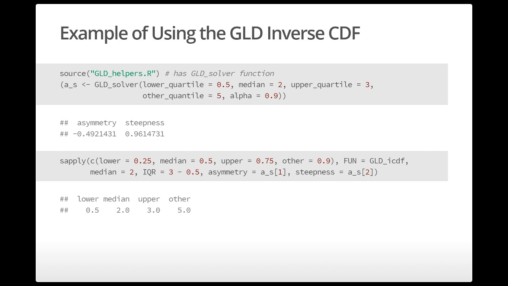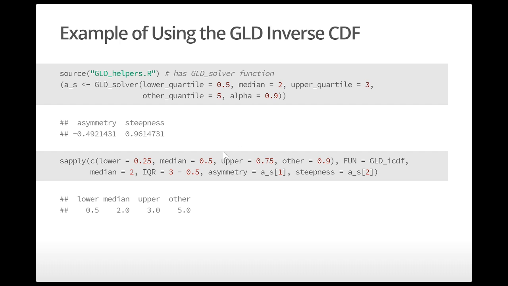There's a 90% chance under my prior beliefs that this thing is less than 5. And so it can solve 2 equations for 2 unknowns pretty fast and well. And so we get back the asymmetry and steepness parameters that correspond to the quantiles that I specified.